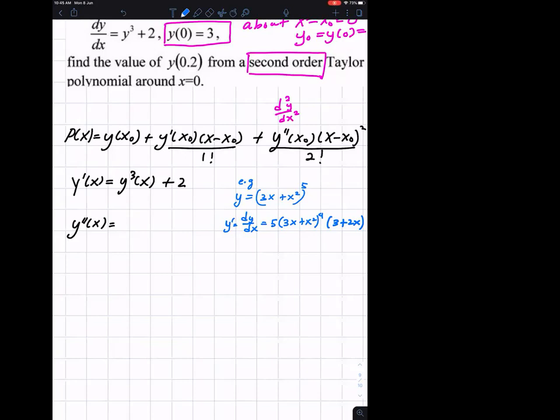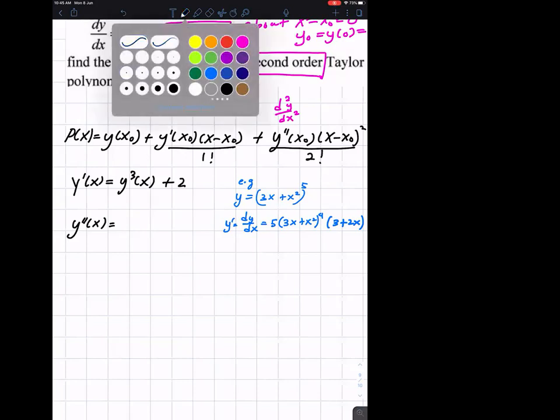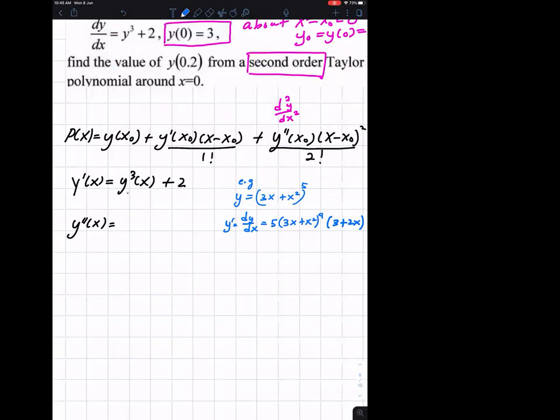Similarly, this is y cubed(x), same as y(x) to the power of 3.